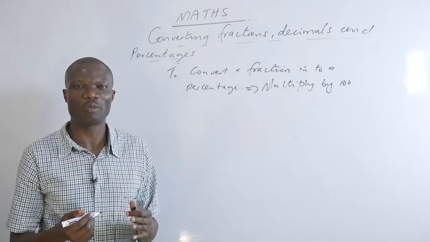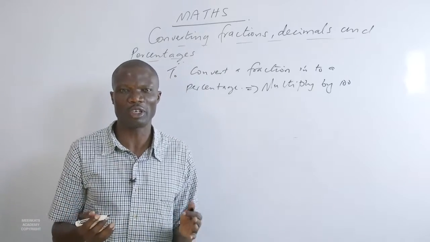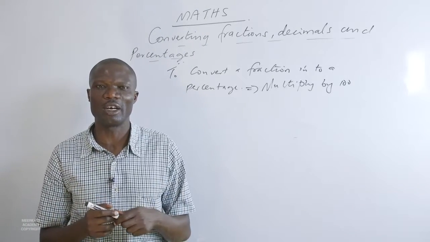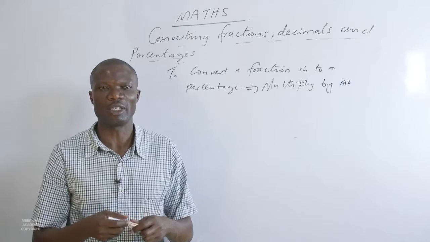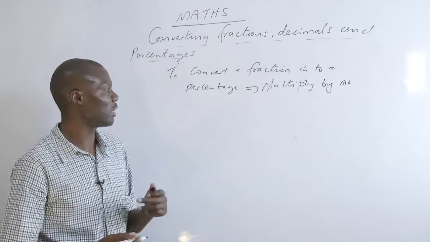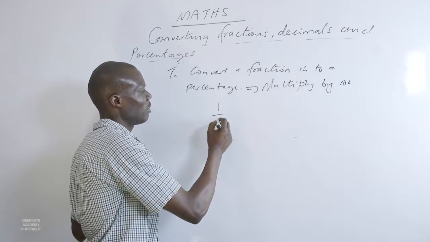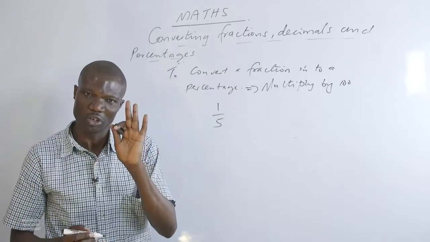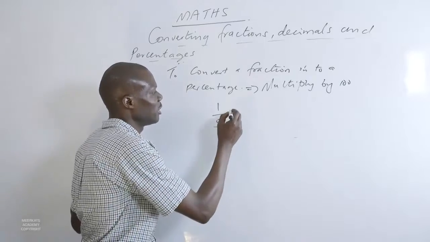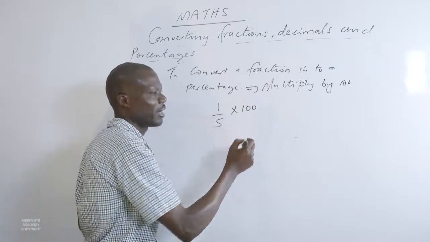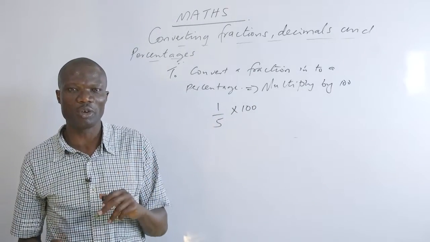Give me any fraction you know. Talk of any fraction that you know. We want to convert it as a percentage. Yes, let us look at 1 over 5. That is a fraction. To convert this into a percentage, simply multiply by 100, and you simplify where possible.